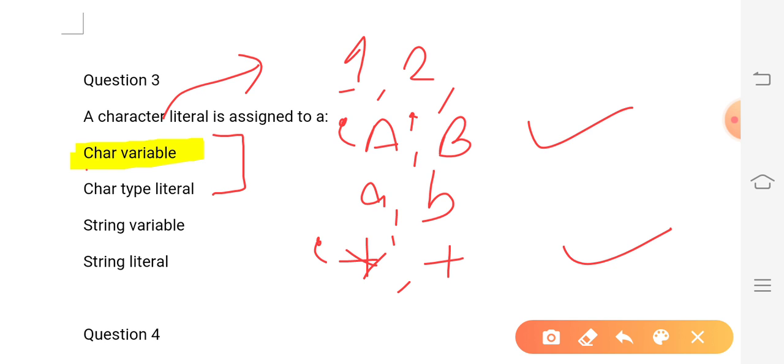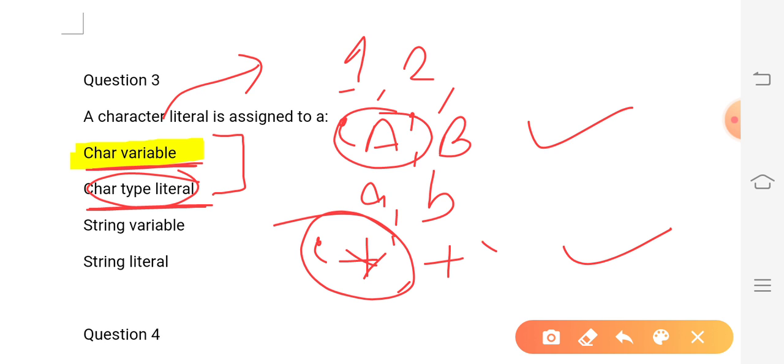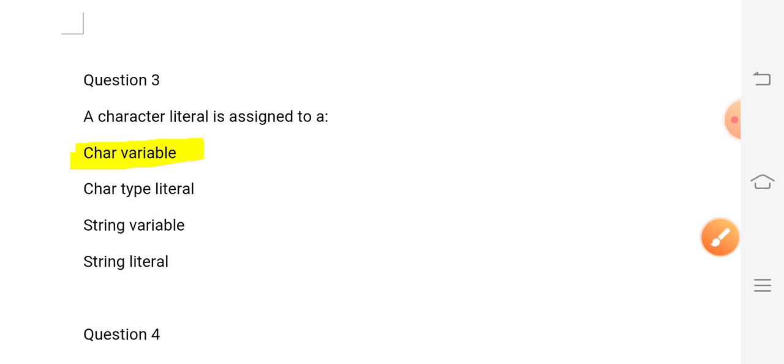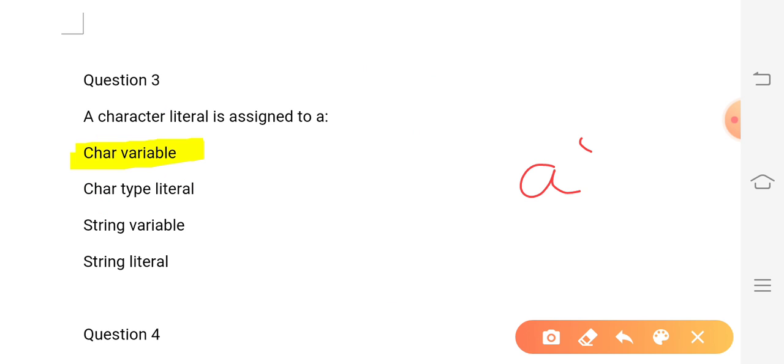So there is a difference between char variable and char type literal. Char type literal means this a, this and this sign, whatever. Literal means some constant value, and char variable means it is asking you about the data type. That means if I want to assign a into some variable var, what will be the data type of this var?